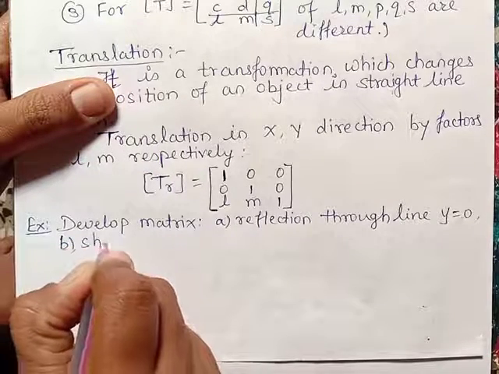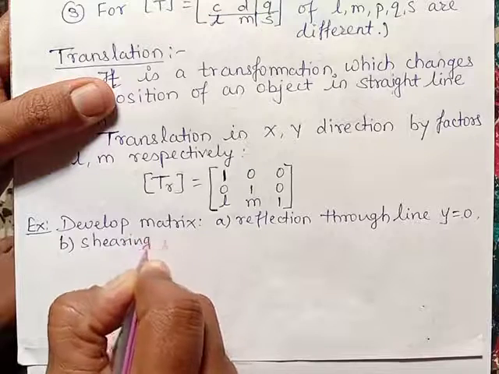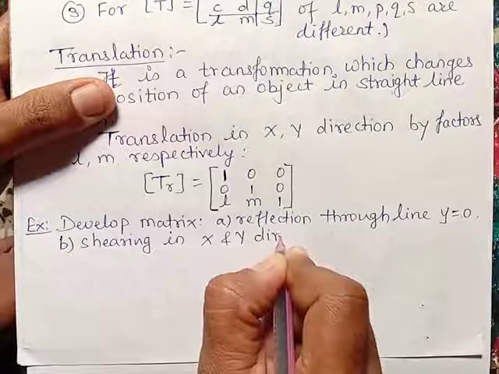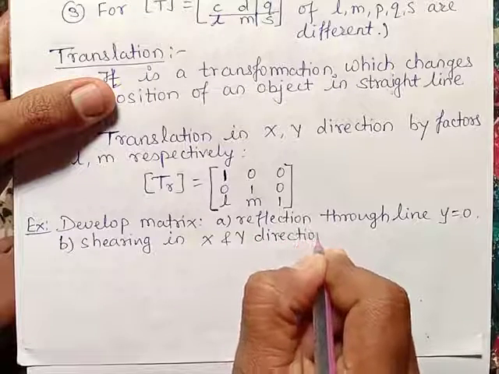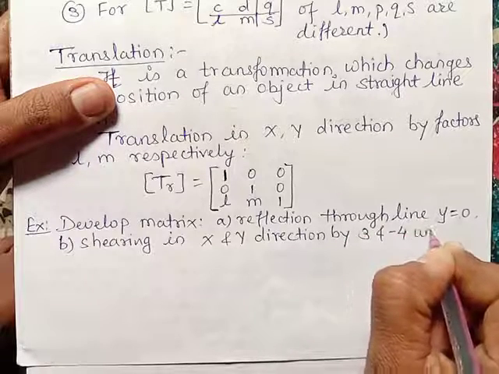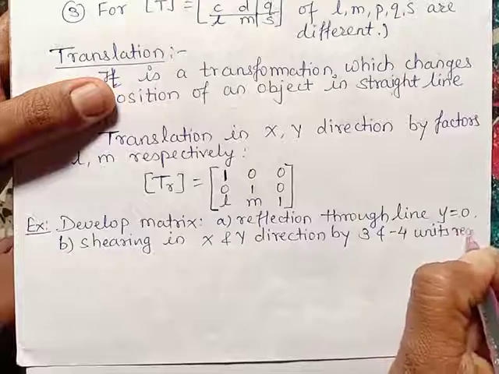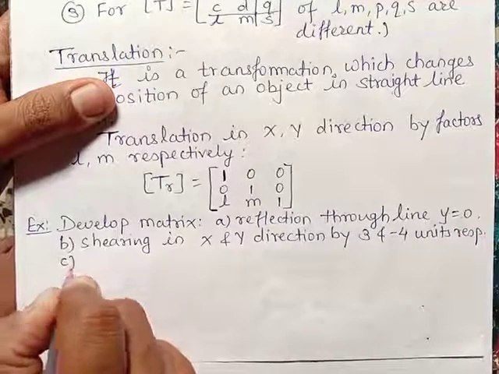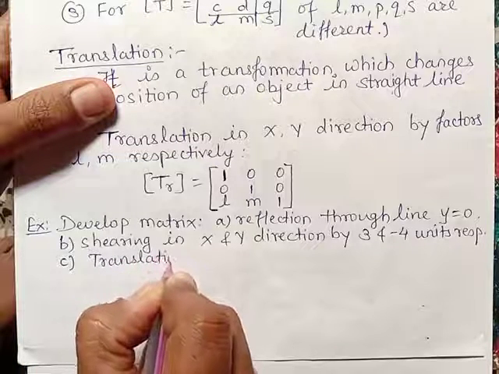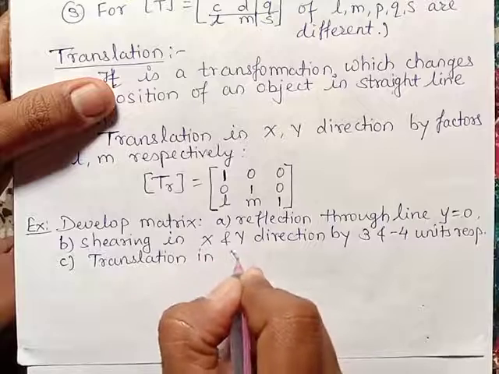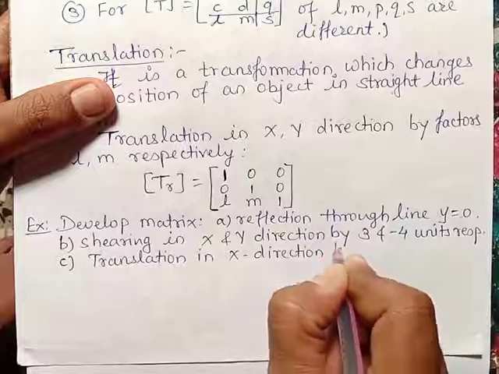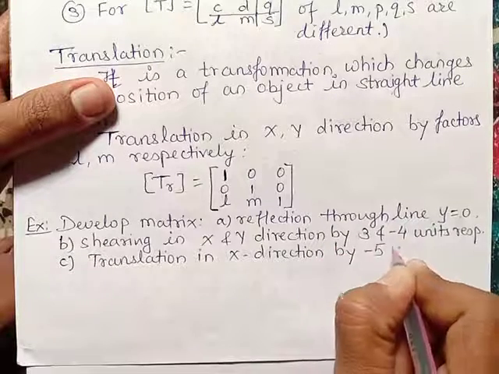Second, shearing in X and Y direction by 3 and -4 units respectively. Okay. Third, translation in X direction by -5 units.